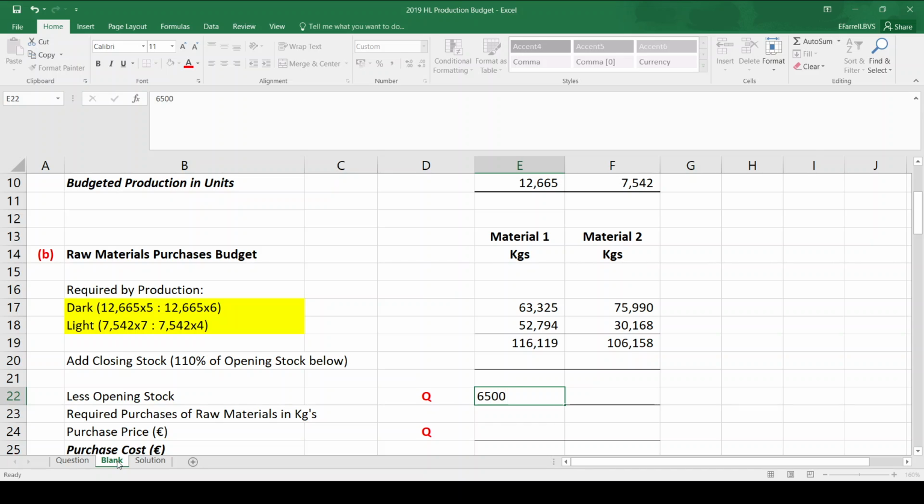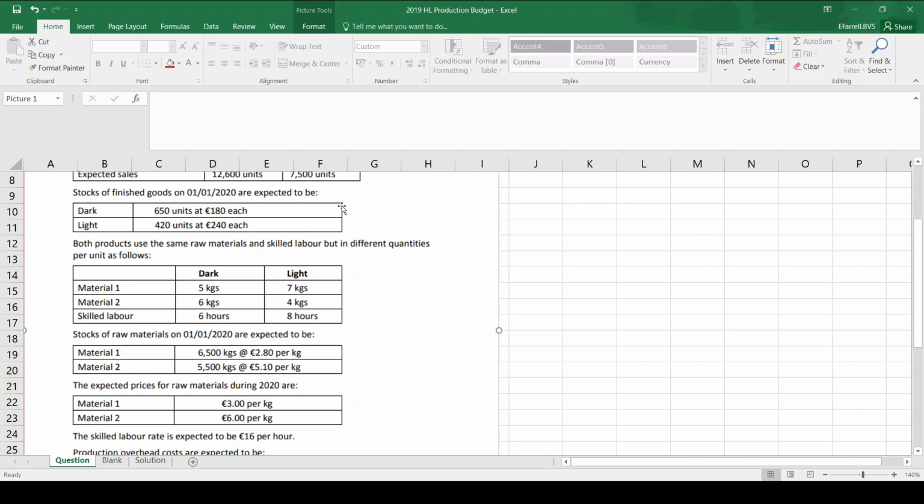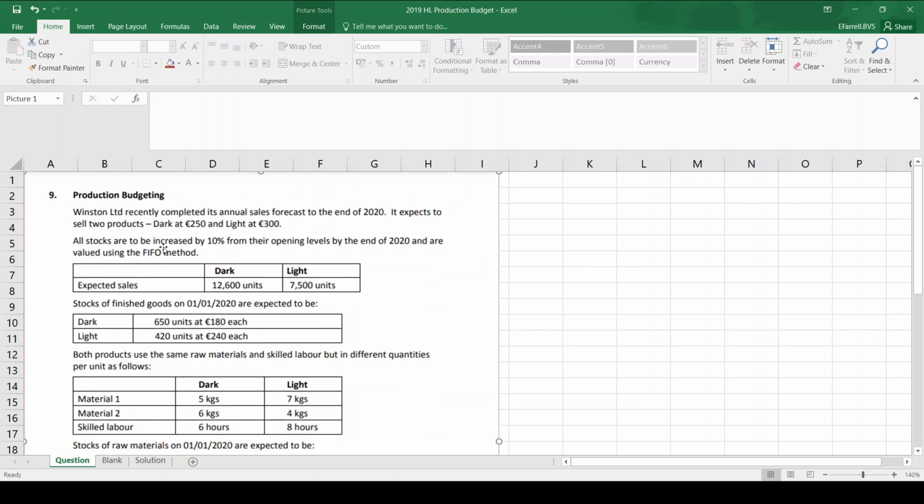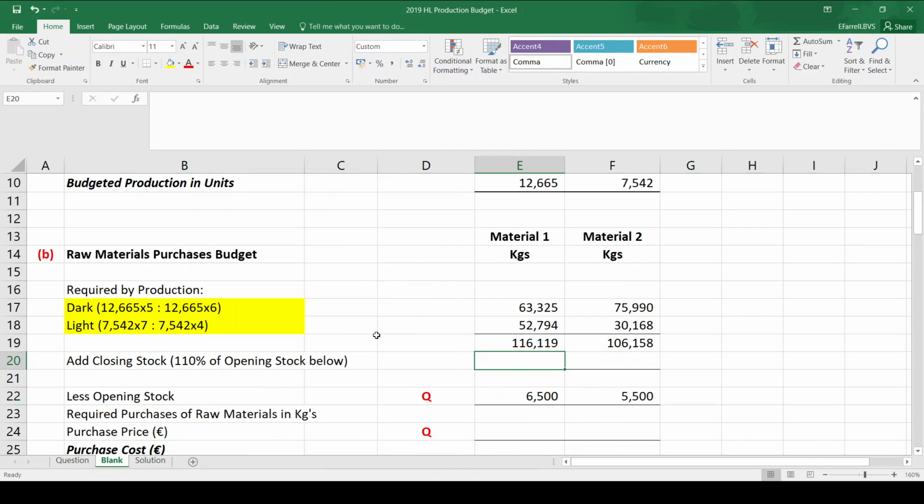So 6,500 and 5,500. And again, in the question, it says all stocks are to be increased by 10% from their opening levels. So that's the stock of the units and the stock of the materials. So for the same reason as in part 1, closing stock will be 110% of opening stock.